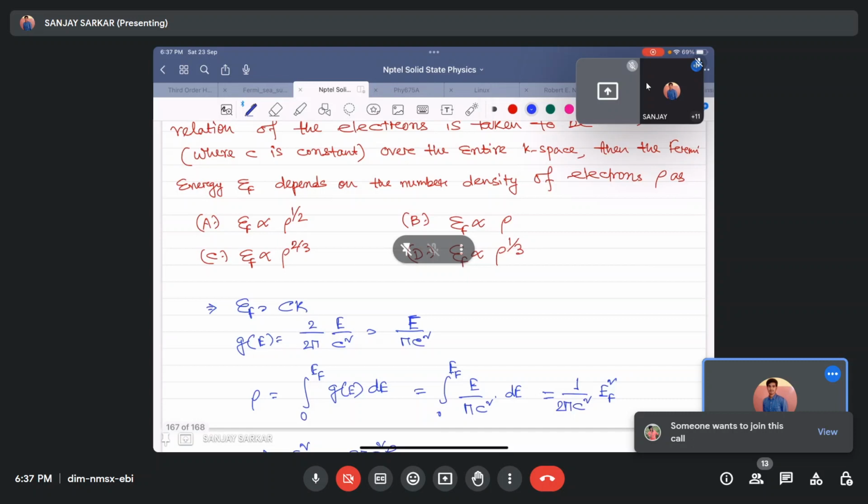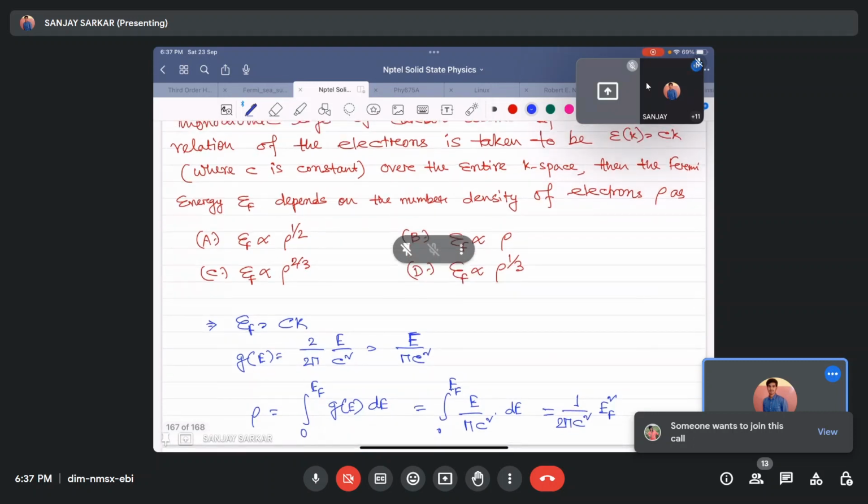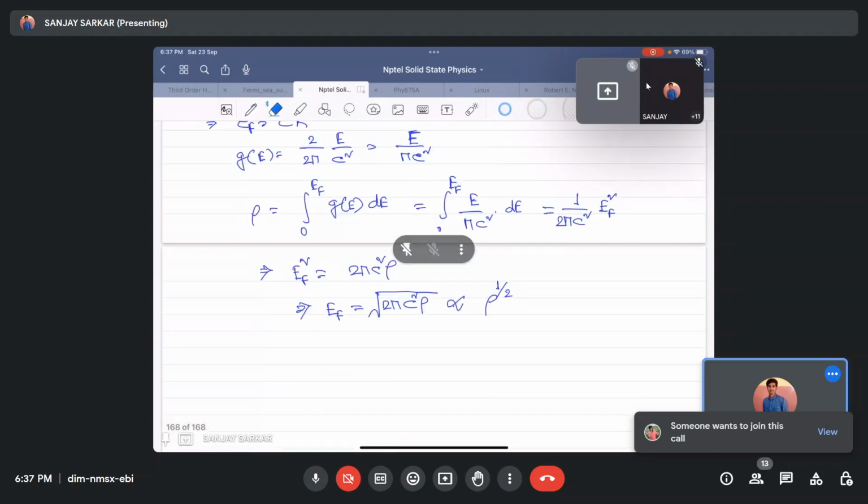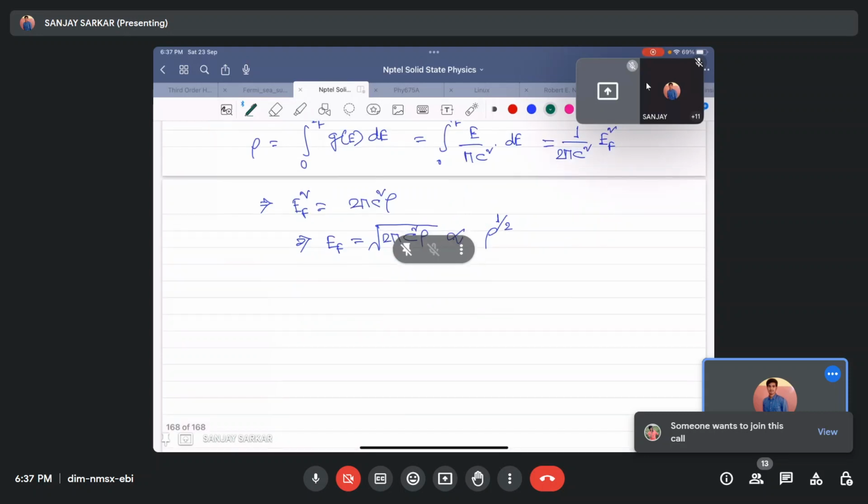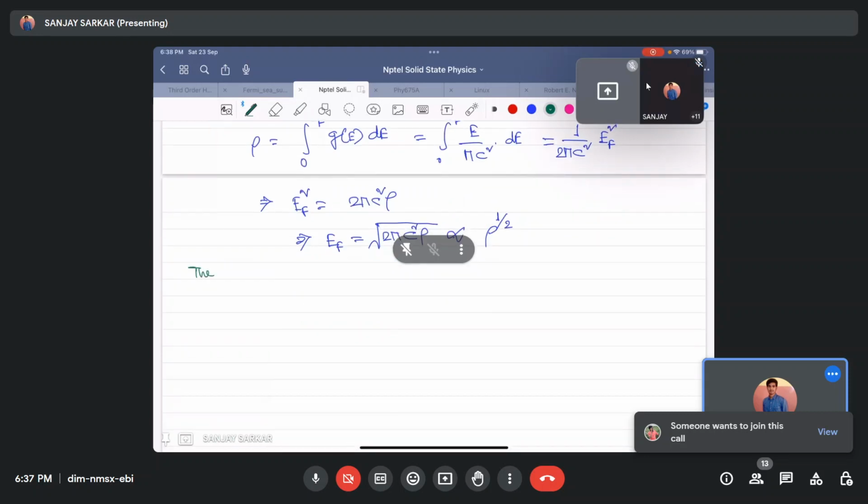That means option A is correct, because in option A you can see that epsilon f is proportional to rho to the power half. So option A is correct.